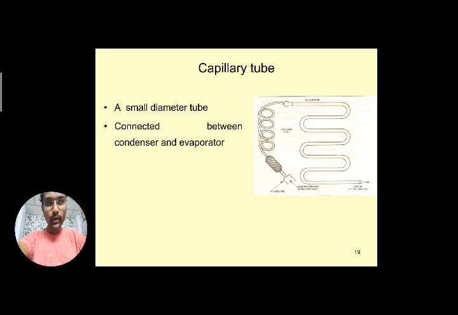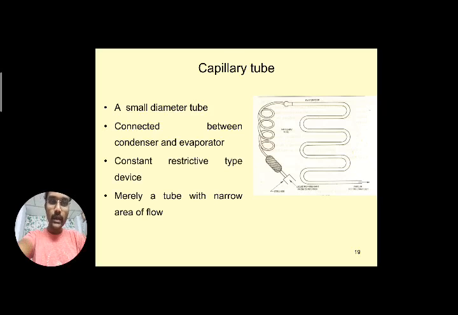You can see they are coiled together in a small diameter tube, that is a capillary tube. It's a constant restrictive type device. So merely a tube with a narrow area of flow. I already told that due to the very small diameter, the area of flow is very narrow.